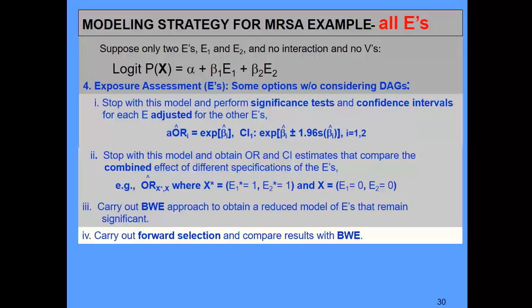Then you see which of the variables you're considering, in this case just two exposures, is the most significant, and is it significant? If it is, you add that to the model first. Then, once you have that in the model, you see if you can add the other one, or as many as you have. So forward selection, you start with nothing in the model, and you see if you can add something.